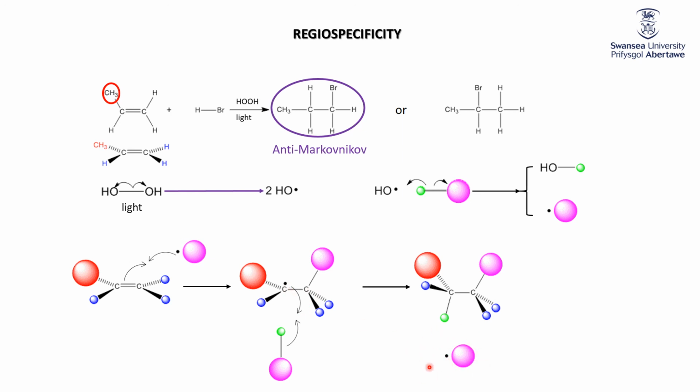So we've regenerated a bromine free radical that can go and attack another propene molecule just like this one. This is a so-called chain reaction that if you haven't learned about before, you will learn about again at some stage. Okay. Again, the product that we're going to make in this way is the anti-Markovnikov, in which the bromine, the more electronegative, goes on the less substituted carbon.